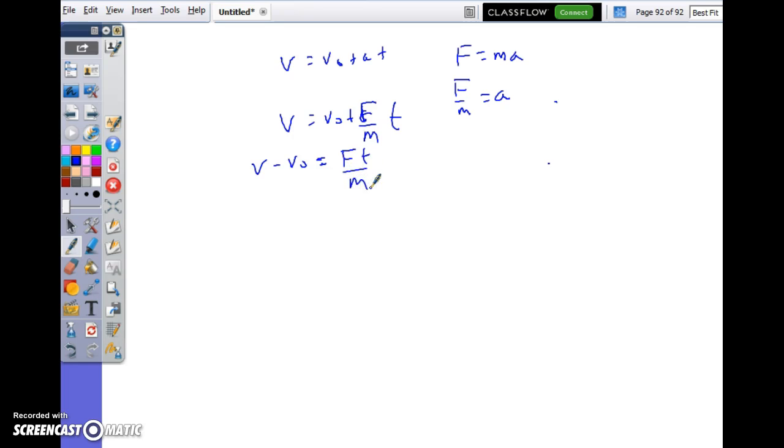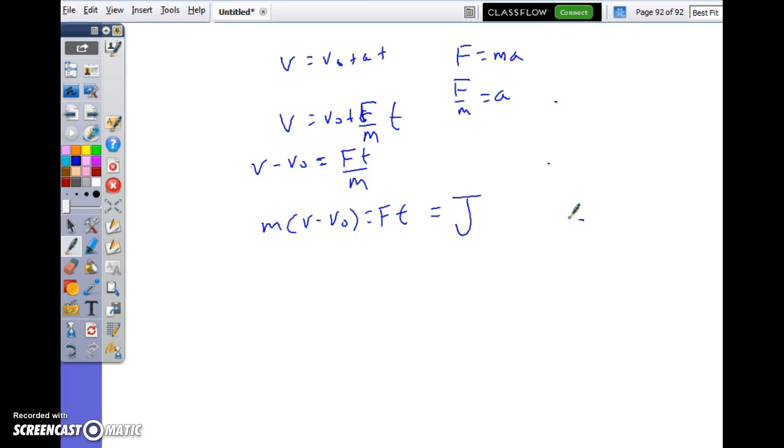I'm just moving things around. One more movement: multiply both sides by m. And I get m(v minus v naught) equals Ft. That is called the impulse formula. Right there. That's the impulse formula. And the letter we use for impulse, because that makes no sense at all, would be J.